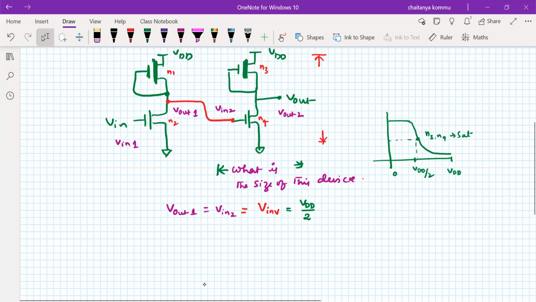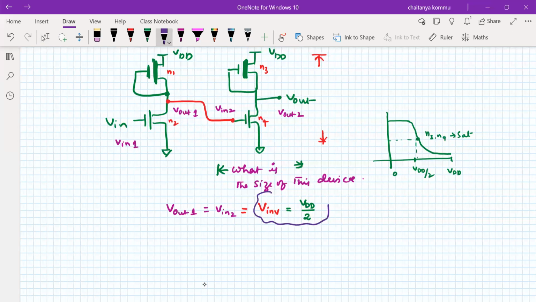Okay, so now let us consider under this condition, VINV is equal to VDD divided by 2.